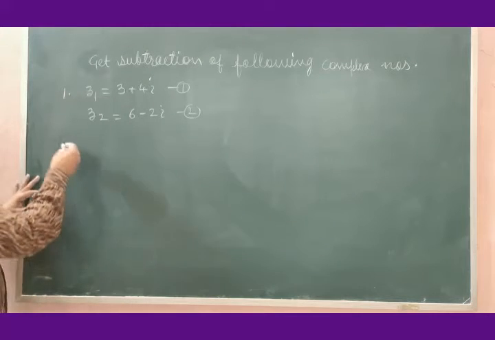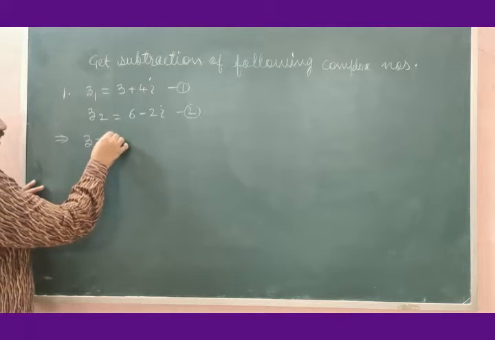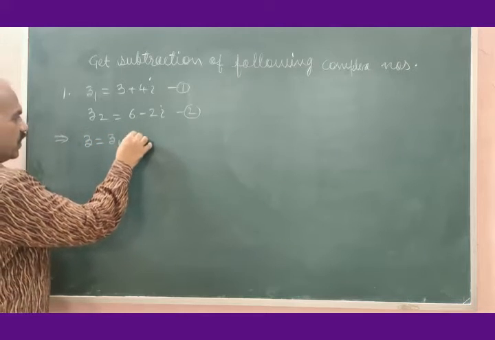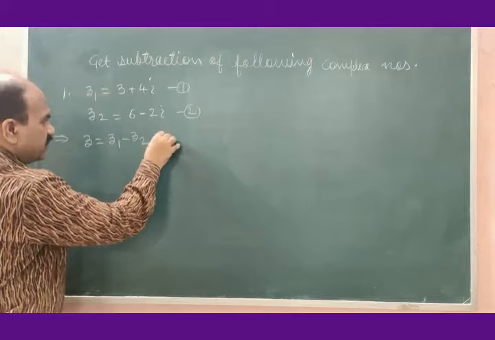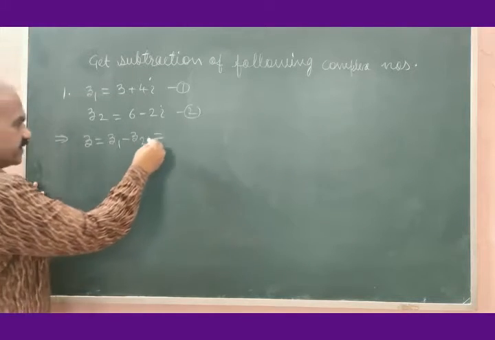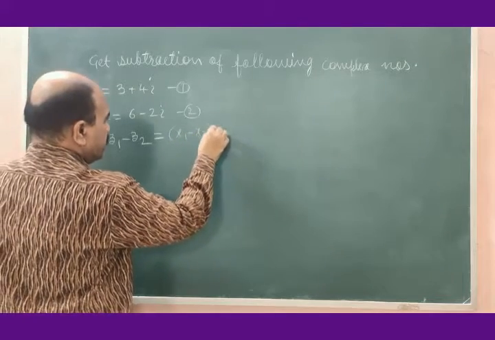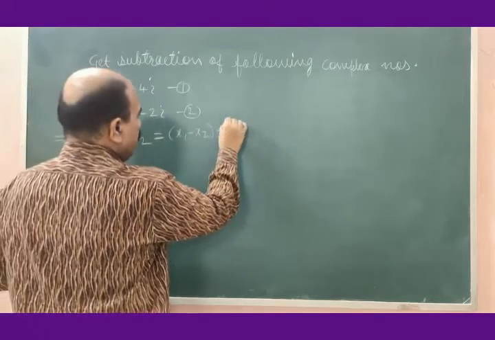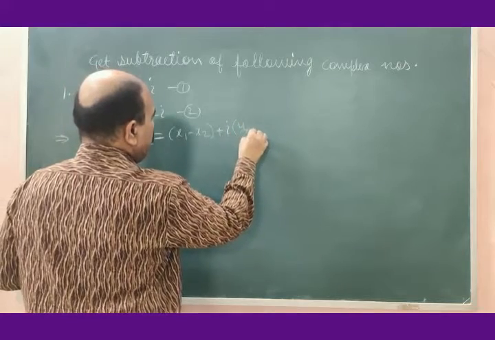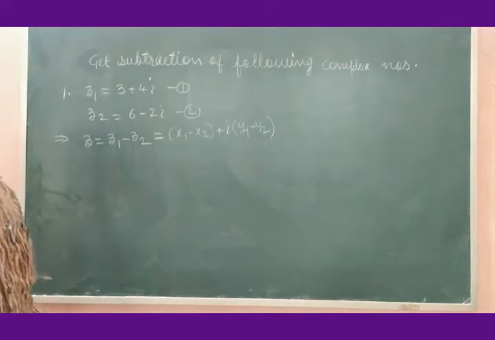The formula for subtraction is complex number Z is equal to complex number Z1 minus complex number Z2. That is x1 minus x2 plus I into y1 minus y2.